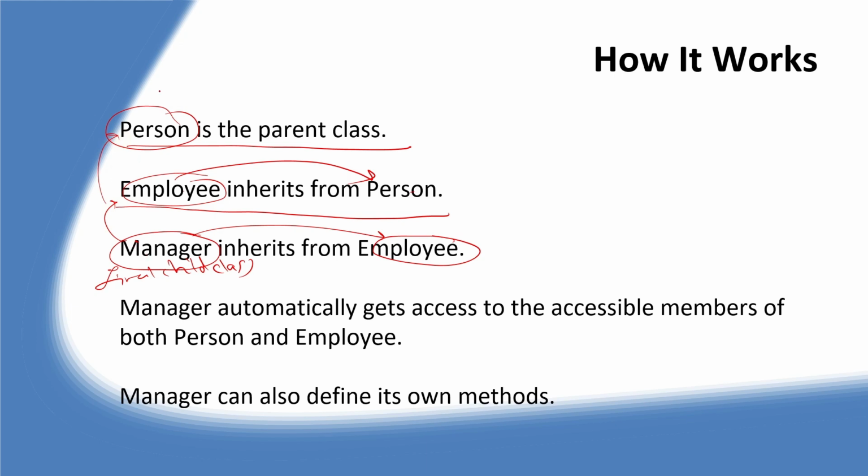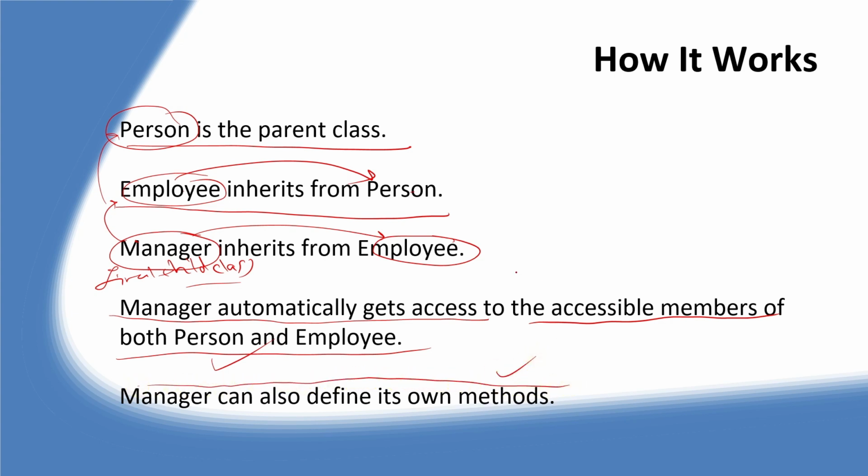Whatever class is in the inheritance chain, the final child class can access all those accessible members. Manager automatically gets access to the accessible members of both person and employee class. And apart from the inherited methods, manager can also define its own method. We have seen it with the examples.